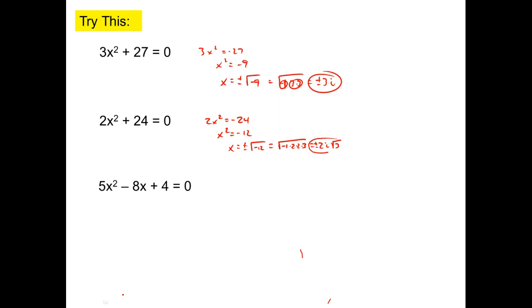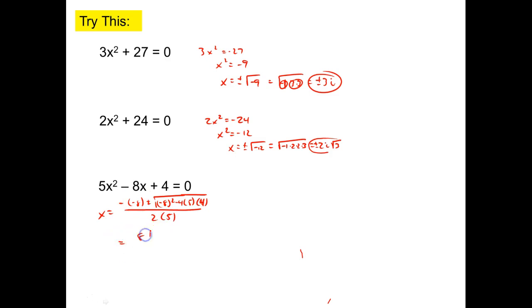And then finally, one with a b term. I would use the quadratic formula. So x is the opposite of b plus or minus the square root of b squared minus 4ac all over 2a.